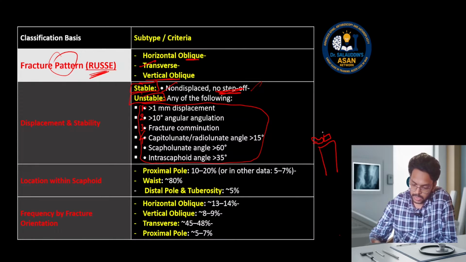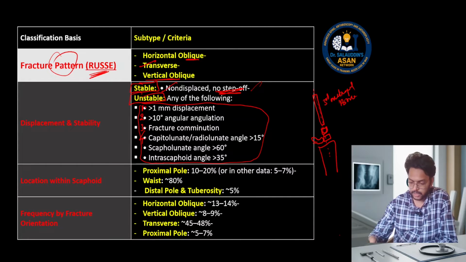Upon the lunate is the capitate. Then along the capitate is the third metacarpal bone.